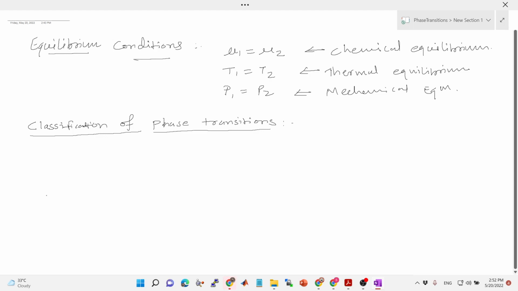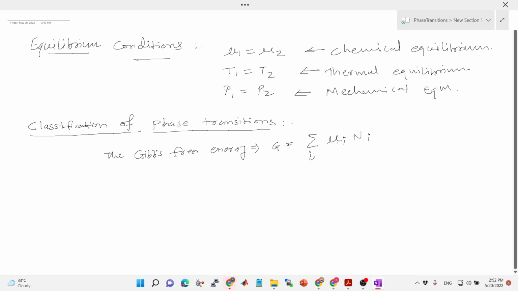So, as we know, the Gibbs free energy, we use the symbol G, is equal to the sum of mu_i N_i. What does that mean?